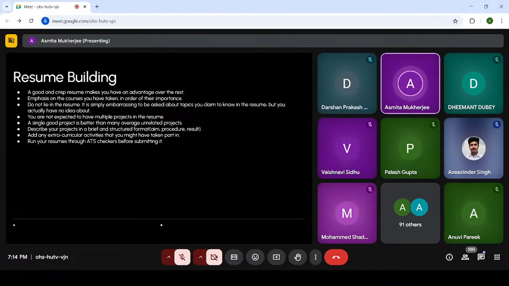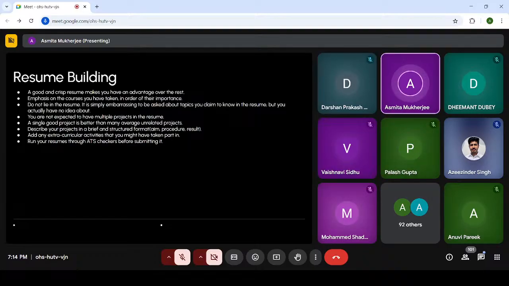It's okay if you don't have a lot of projects, but you need to have very crisp descriptions about the projects that you've done, and they should be very relevant to the role that you're applying for. And most importantly, it should be legitimate. Just don't add it for the sake of adding it.